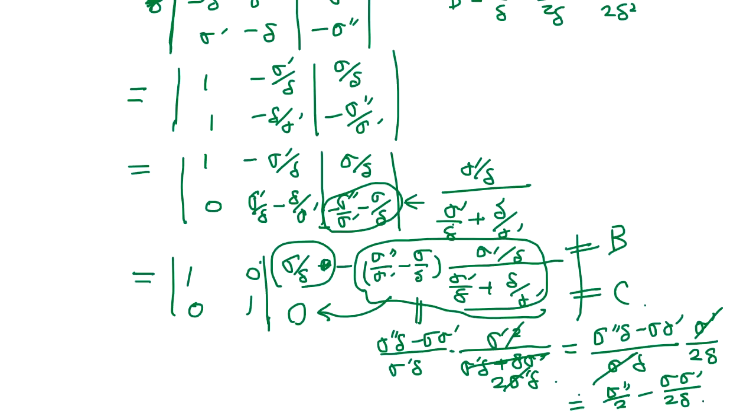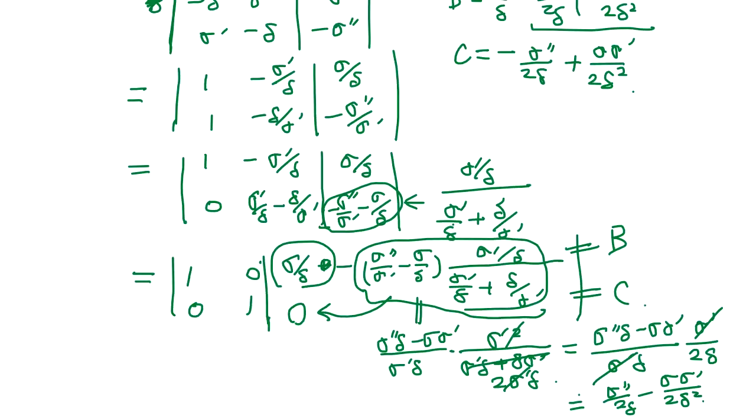Okay. Okay, so that's B, and C is simply this portion. This is going to be plus. Right? Okay.